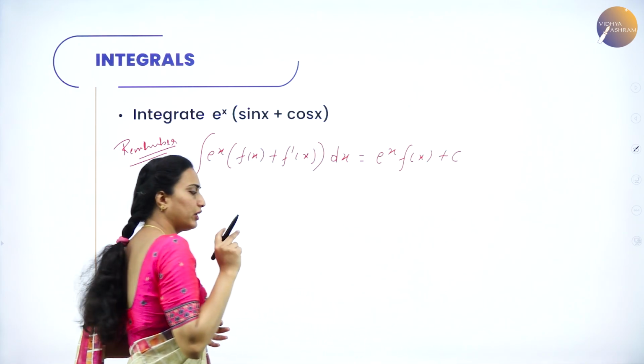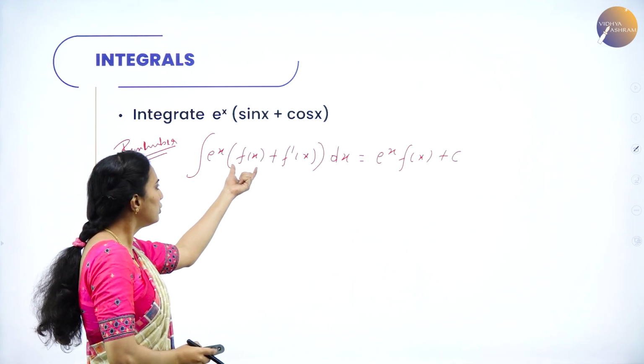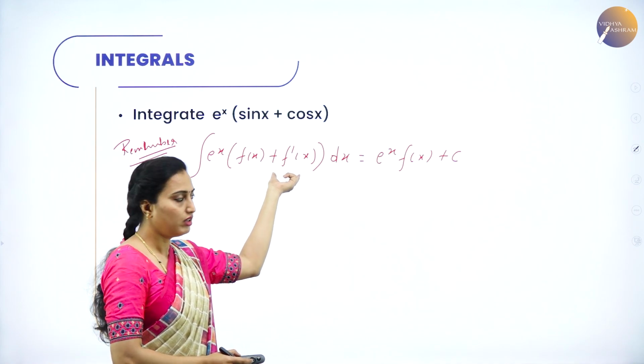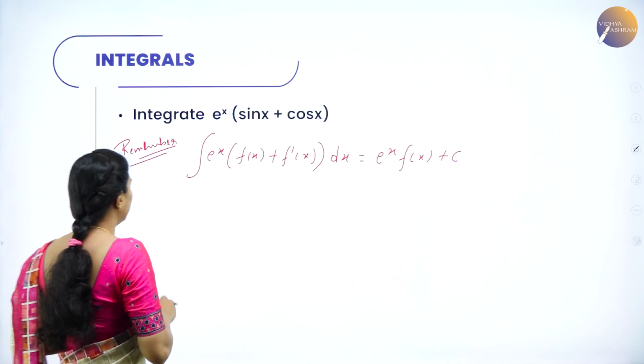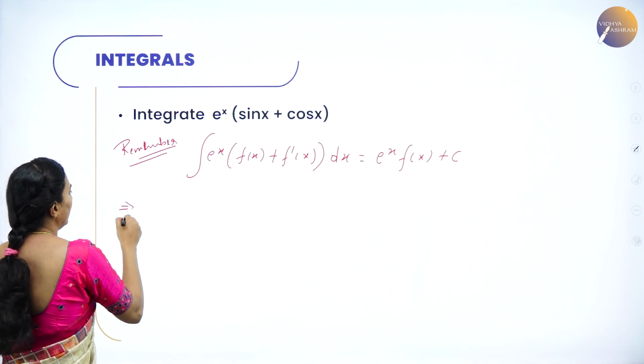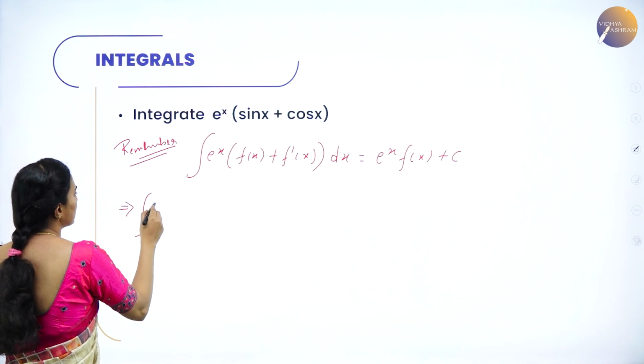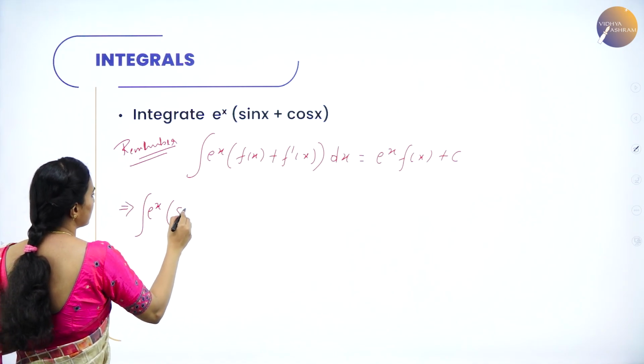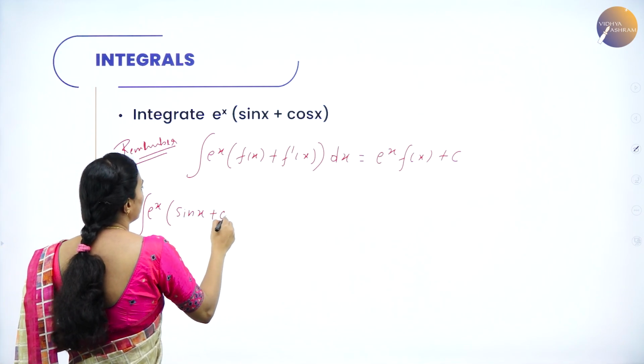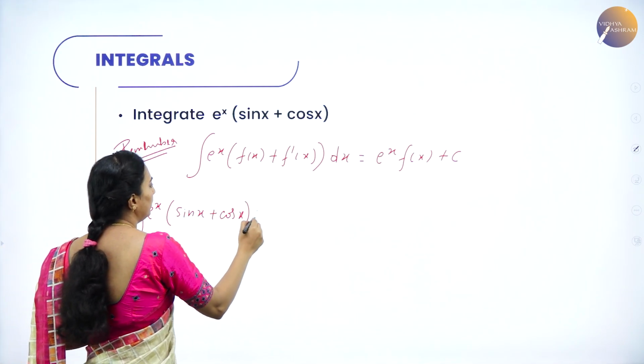So if you are differentiating the given function, you should get whatever you are having. Now therefore, let me take accordingly, which happens according to the formula, e power x into sin x plus cos x into dx.